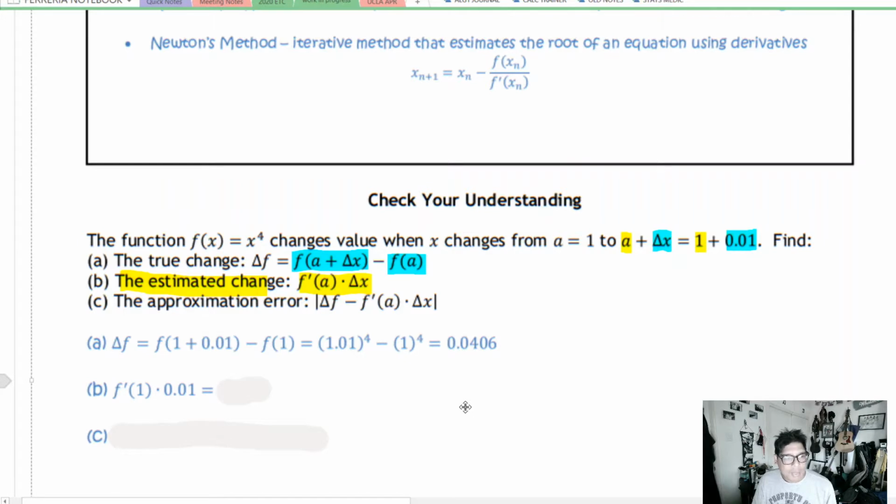And that's going to be 0.04, and that gives me 0.0406 minus 0.04, which is 0.0006.